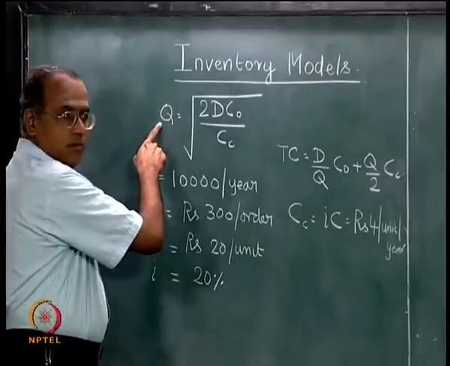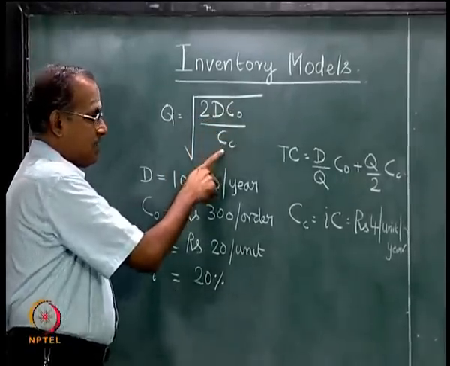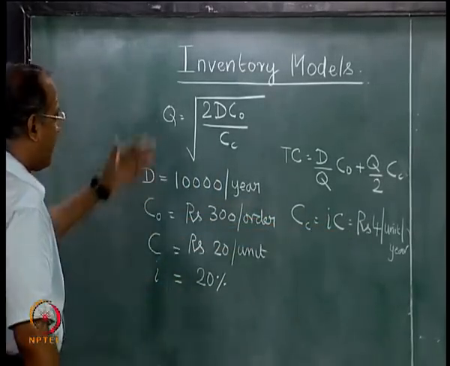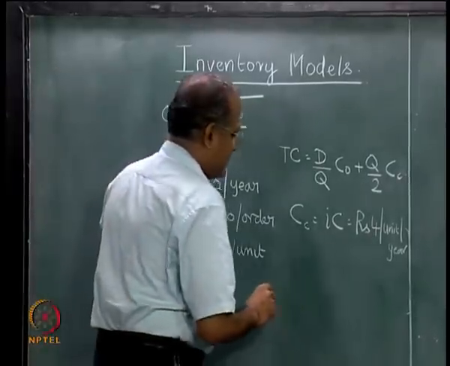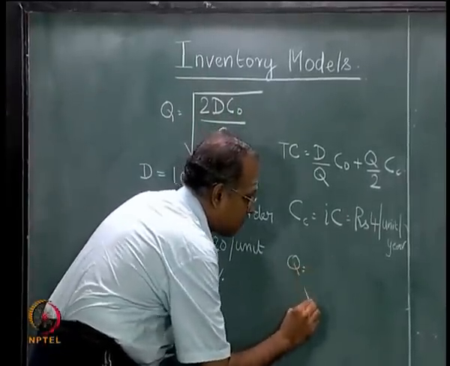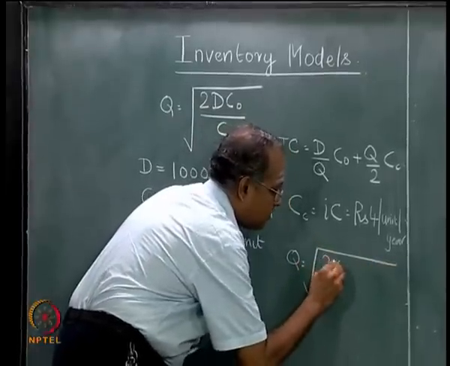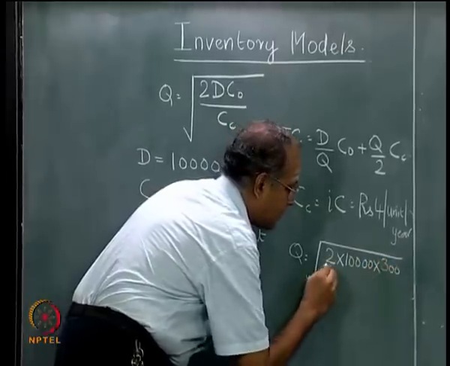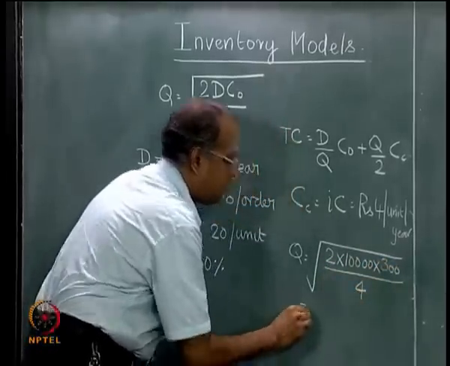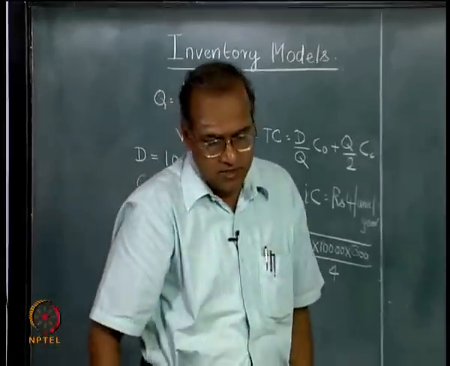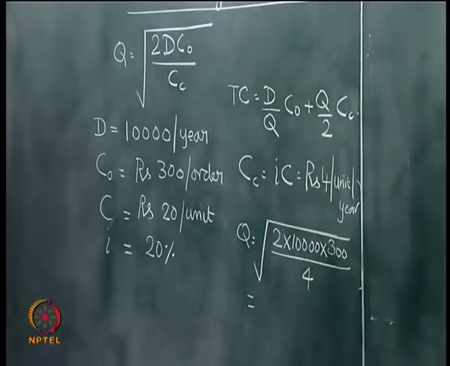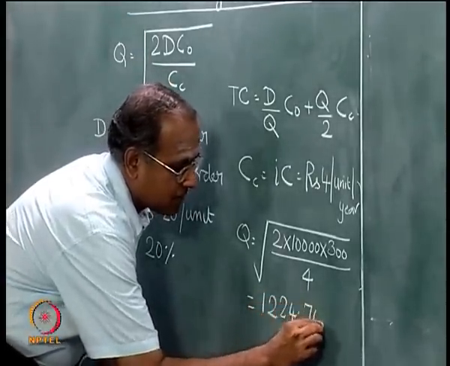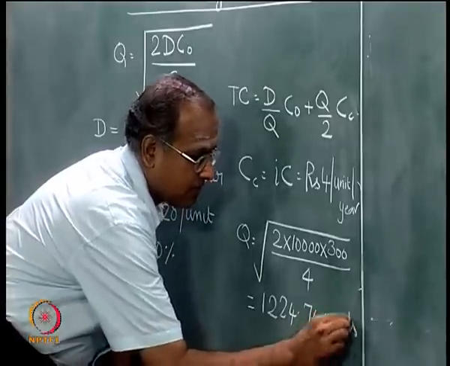Now, we are given D, C naught and Cc: 10,000, 300 and 4. So, we apply this formula to get Q is equal to root over 2 into 10,000 into 300 by 4, which on simplification would give us 1224.74 units.